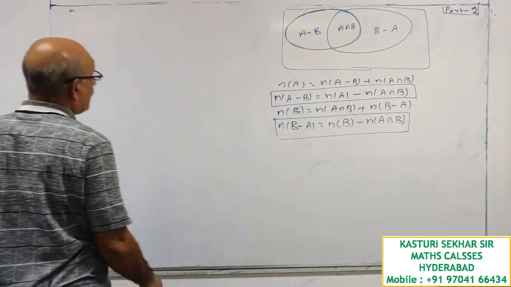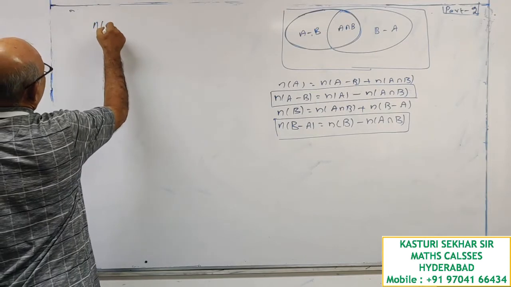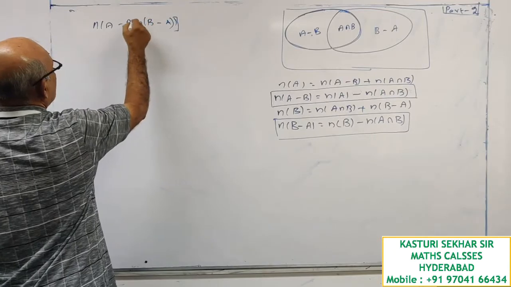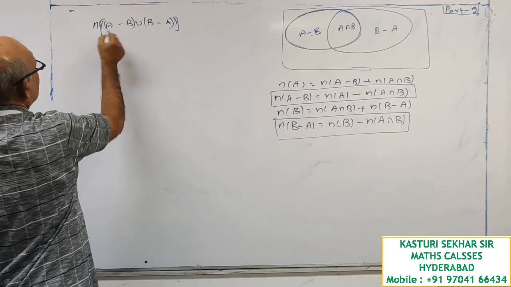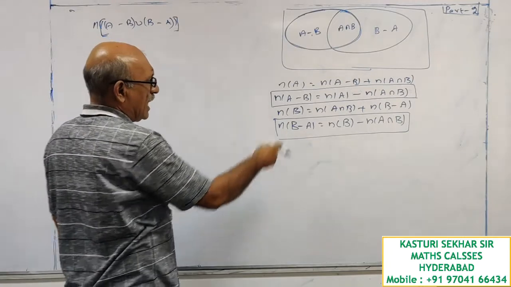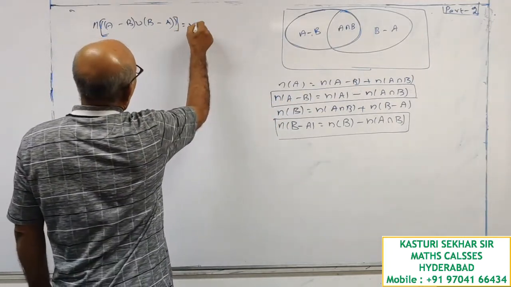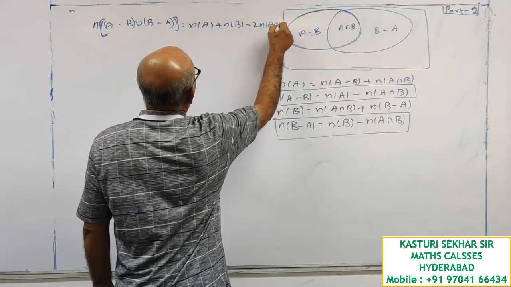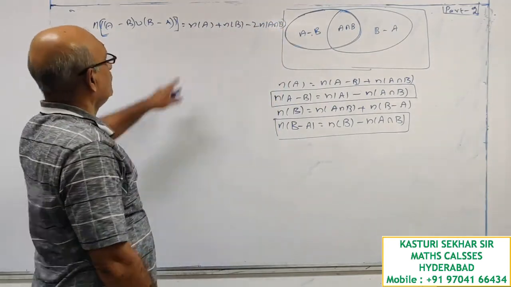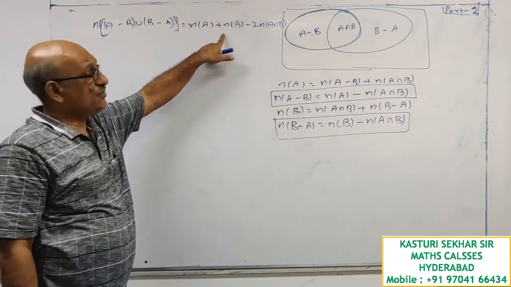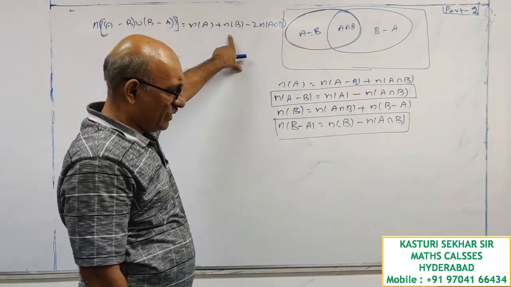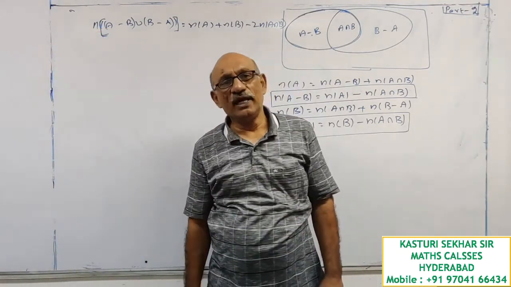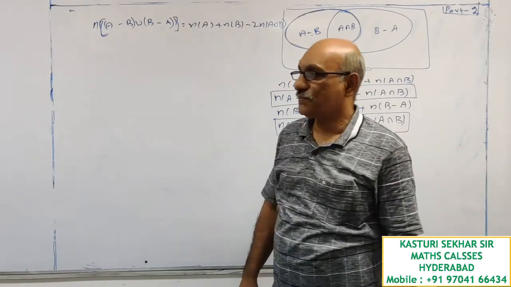So number of elements of A minus B union B minus A, for symmetric difference, add these two results: n of A plus n of B minus 2 times n of A intersection B. So here it is elements of A only or B only, symmetric difference.